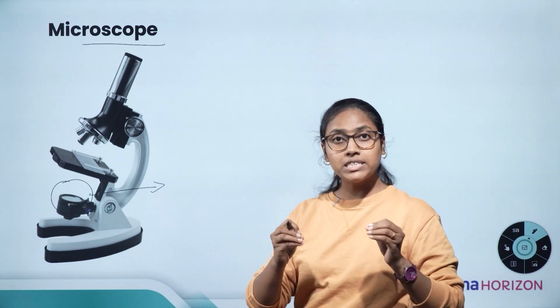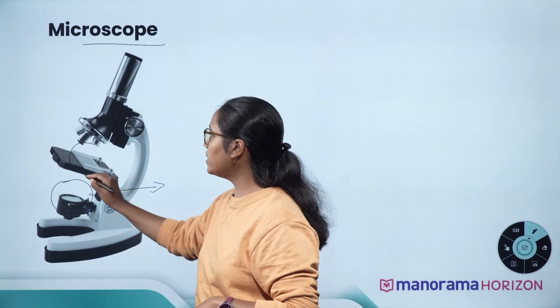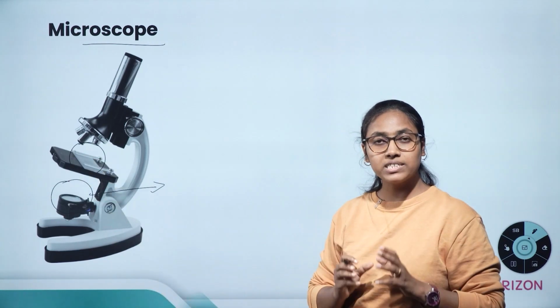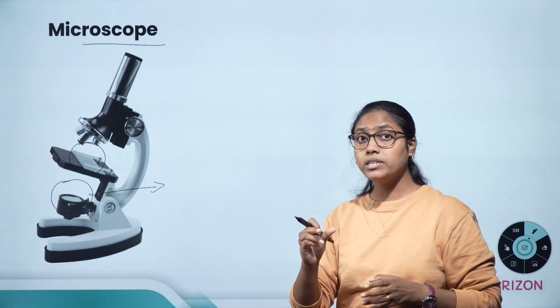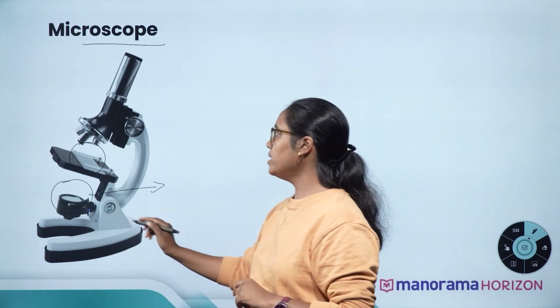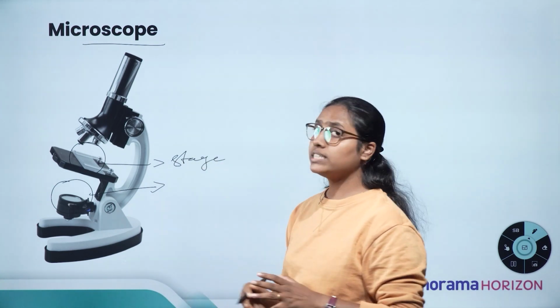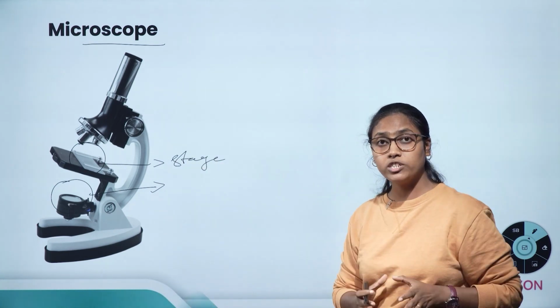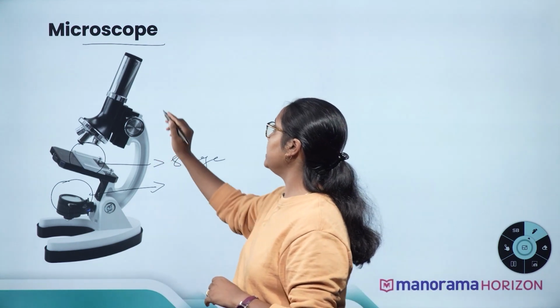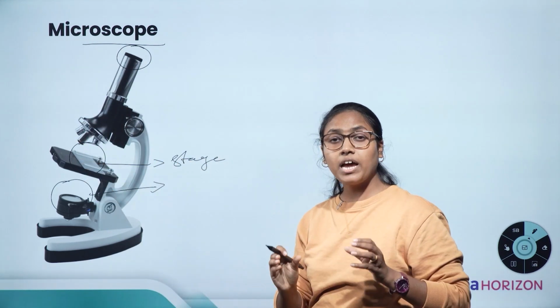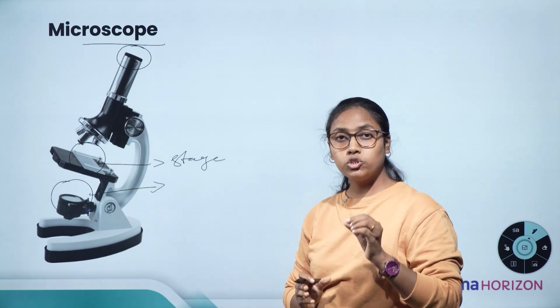Now in this microscope, usually the specimens are placed here on the stage. So that is the stage where the specimens to be visualized are placed. Now here you can see this part is the eyepiece, and from the eyepiece we will be able to visualize the specimen.